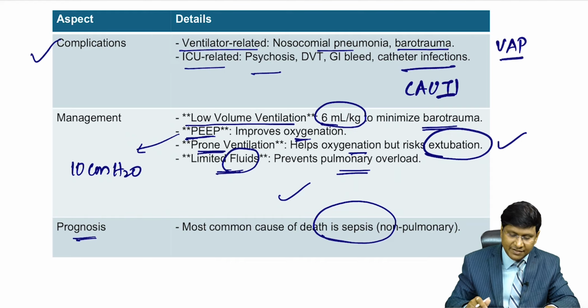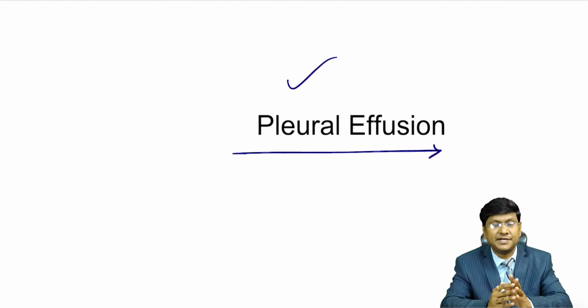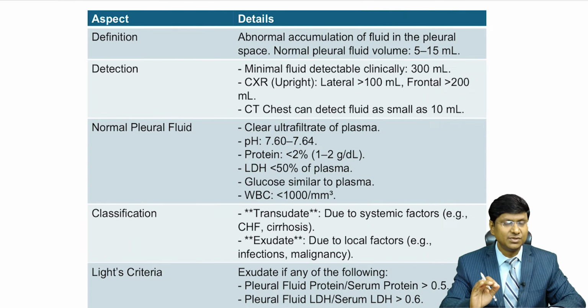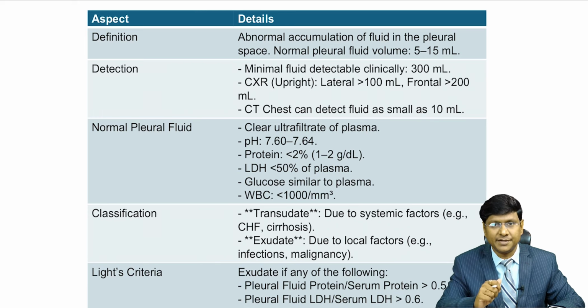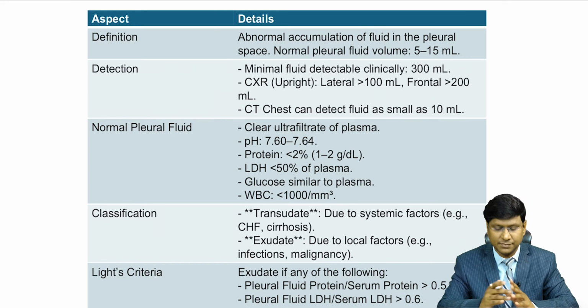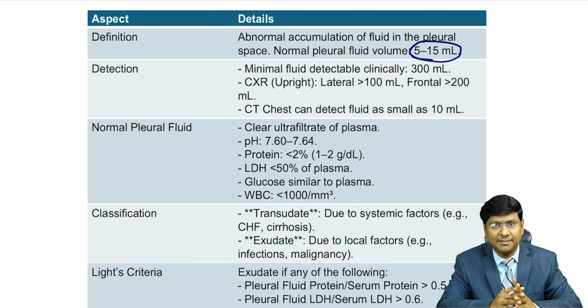Now, after having discussed ARDS, the next important topic for discussion is pleural effusion. What exactly does this mean? The fluid accumulated in the pleural space is more than the normal quantity. The normal pleural fluid volume is around 5 to 15 ml.